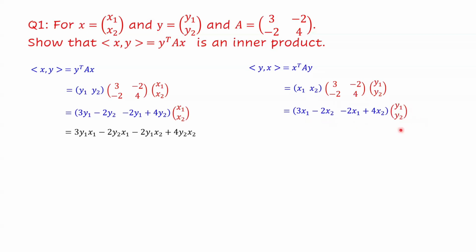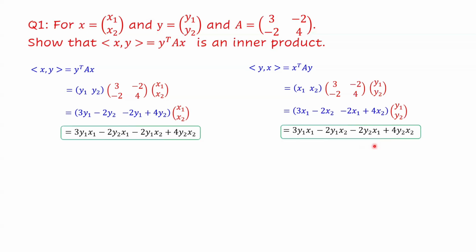We further multiply this, so we will get 3y1 x1 minus 2y1 x2 minus 2y2 x1 plus 4y2 x2. If you compare these two expressions, you'll see that both are the same. So this proves that ⟨x, y⟩ is equal to ⟨y, x⟩. So this verifies the symmetric property.